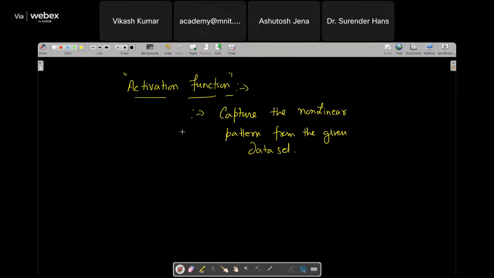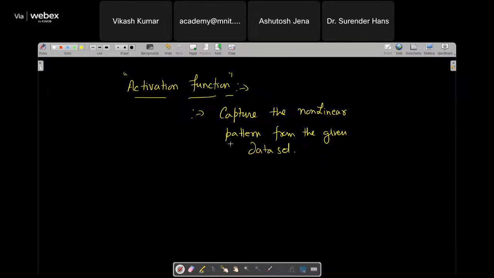Let me explain with an example. Let this kind of data set be linear data. Without use of the activation function, we do the classification like this.